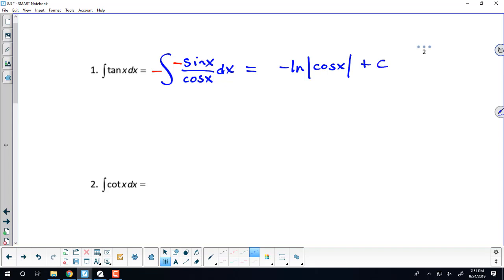So the antiderivative of tangent is the natural log of the absolute value of secant. All of these you should just know, like you know the antiderivative of sine and the antiderivative of cosine, because they show up frequently in this section and in 8.4.